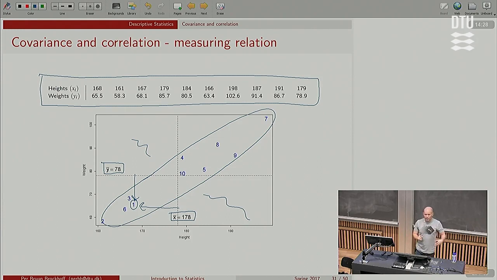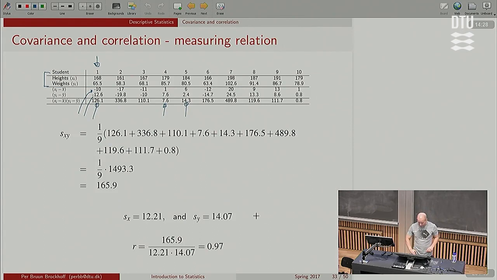I'm not proving anything, I'm trying to show that this definition of covariability makes sense, in the way that when I have a positive pattern, it will give me a positive number. When we see a positive covariance, I know that the relation is a positive thing like that. So it's to understand that the measure is doing what it's supposed to do for us. And I hope you could follow me just a little bit there.